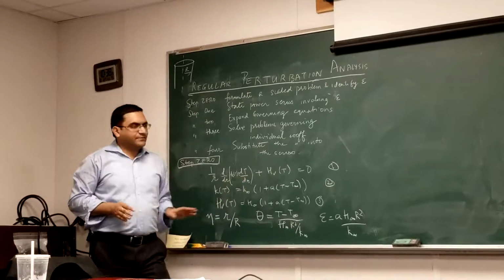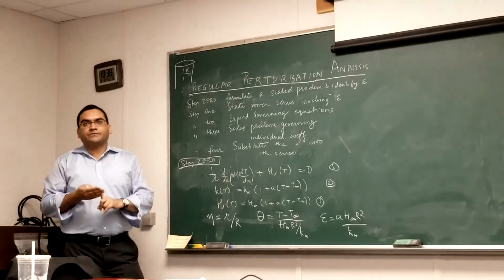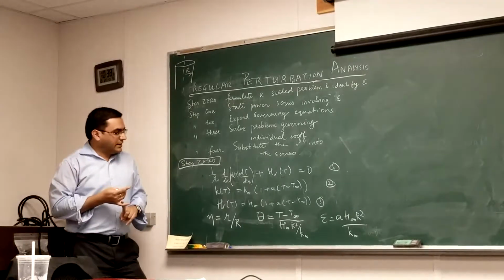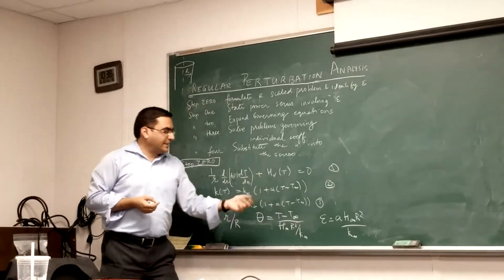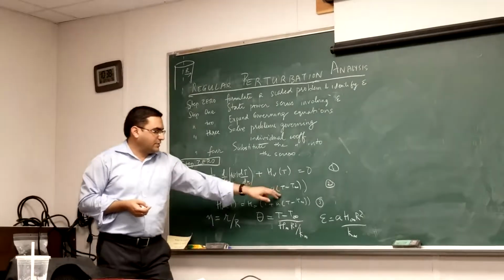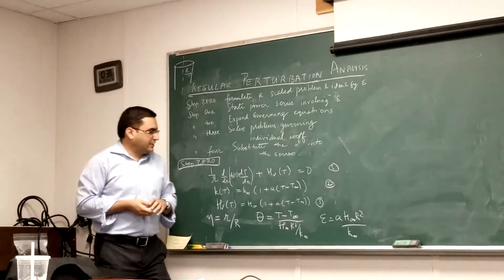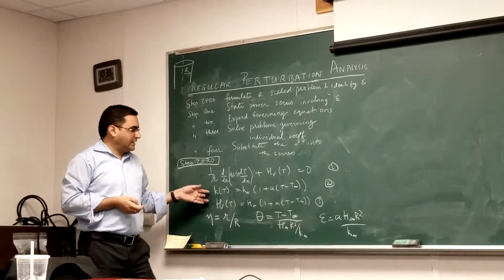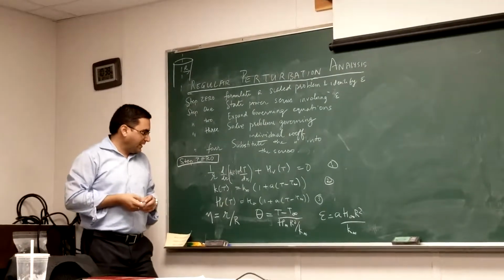Now all of these are assumptions that can be easily criticized, easily violated. If your T minus T naught is slightly large, maybe this is not going to be enough. You need another term or more terms, and the linearity might not hold.